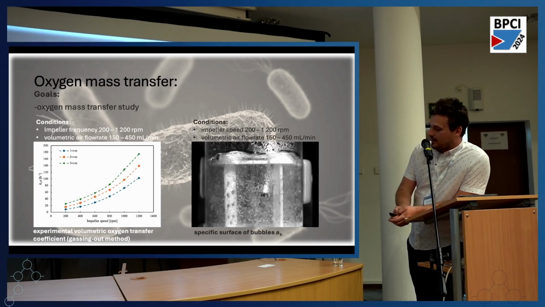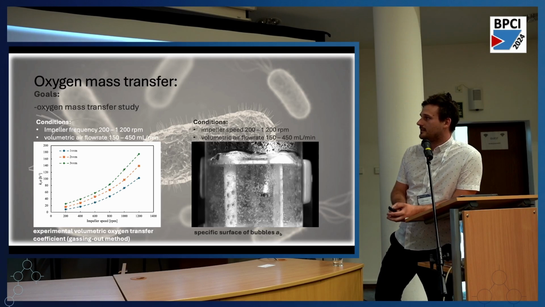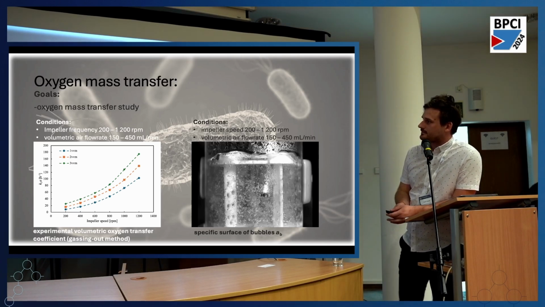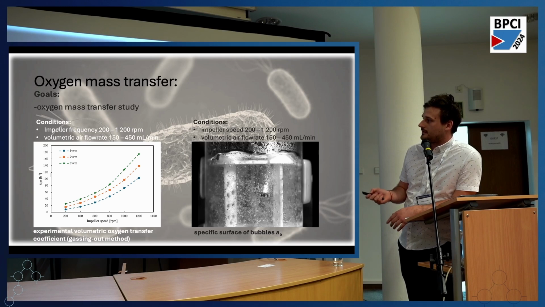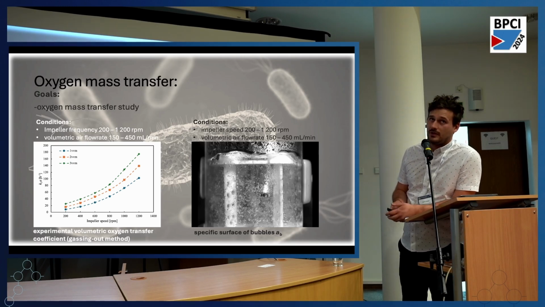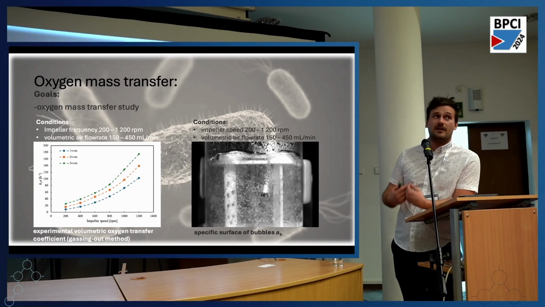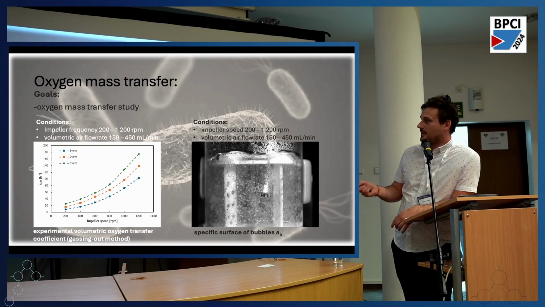Okay, whereas I was talking a lot about the oxygen transfer rate, let's focus a little bit on the oxygen mass transfer phenomenon. The volumetric oxygen mass transfer coefficient is very straightforward to determine experimentally. And as it is an important parameter for us because it is our design parameter, we have to know its value.